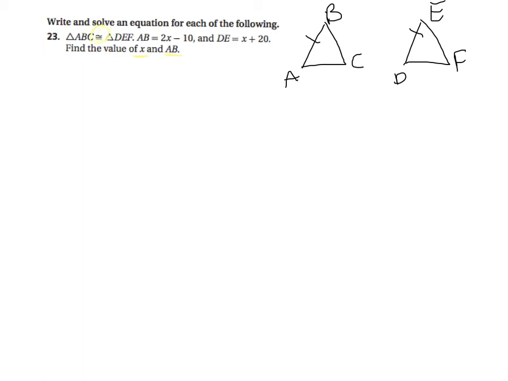So that's helpful because now I can set them equal to each other in an equation. So I can do 2x minus 10 is equal to x plus 20. So I'm using the congruent statement to set up my equation.